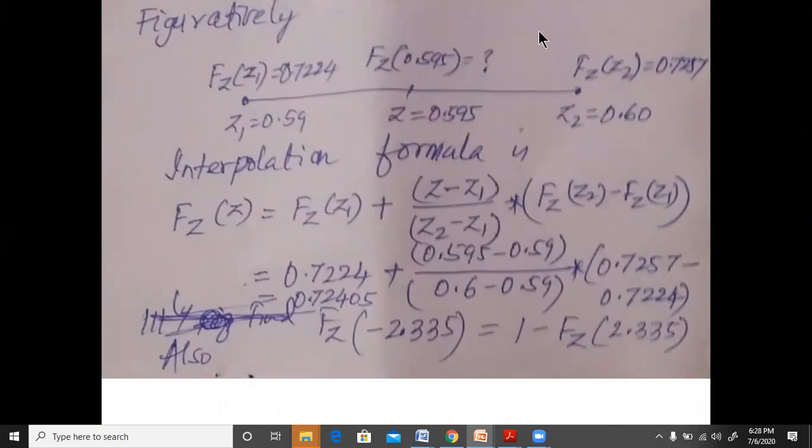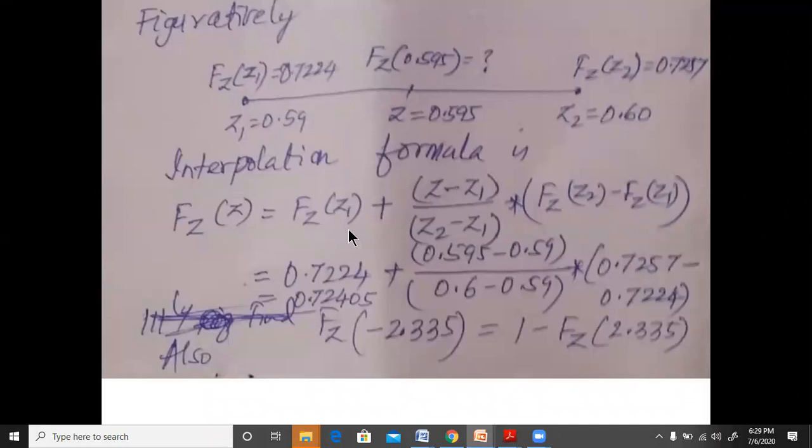To find this, we use the interpolation formula from numerical interpolation, which you might have used in first year or second year maths. It is like this: Fz(z) is equal to Fz(z1) plus (z minus z1) divided by (z2 minus z1), multiplied by Fz(z2) minus Fz(z1).